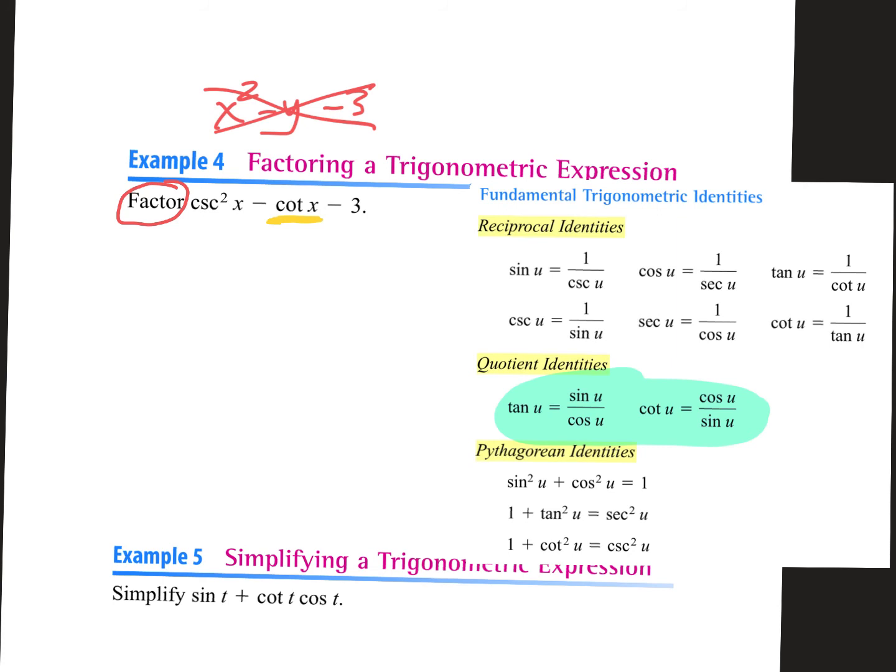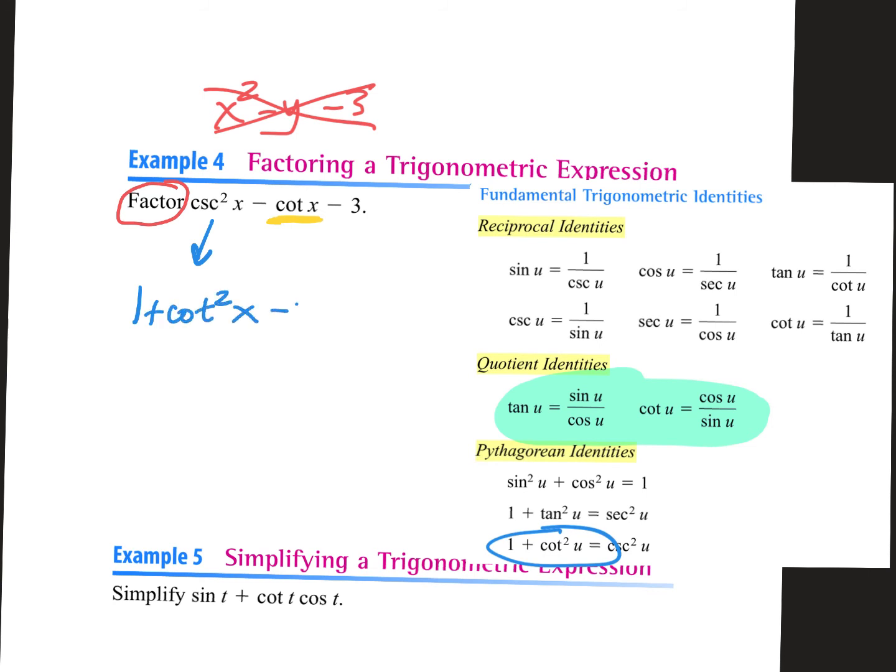Is there anything on my identities that could help me change cosecant squared to cotangent? 1 plus cotangent squared is the same as cosecant squared, right? Everybody see that right here? So I'm going to change this to 1 plus cotangent squared x.